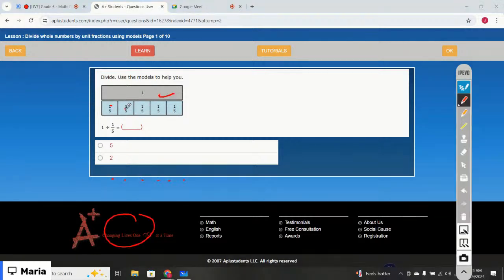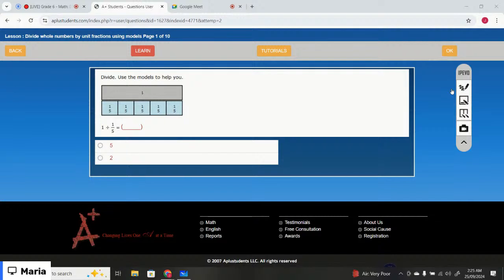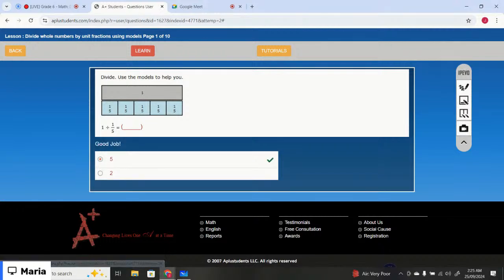And 1, 2, 3, 4, 5 pieces of 1 by 5 are exactly 1. So 1 divided by 1 by 5 is 5. You need 5 pieces of 1 by 5, together they make 1. Option number 1 is the correct option.